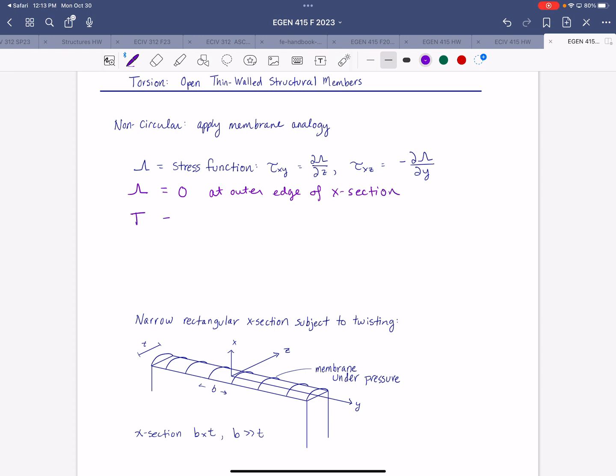And the torque is equal to 2 times the volume under lambda. Also, the shear stress in the normal tangent direction at the outer edge is equal to the negative partial derivative of lambda with respect to the normal direction.